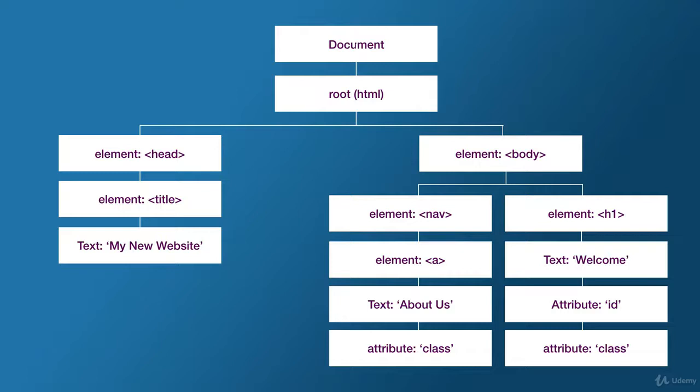Something really important in the DOM scripting is that you can select one element, for example, this heading, and then refer to the text, write a small JavaScript function, and replace that text with a new one. This is known as DOM manipulation or DOM scripting. Also in JavaScript, for example, you can select this nav, and you can refer to the parent element, which is going to be the body, or you can refer to the sibling element or child elements.